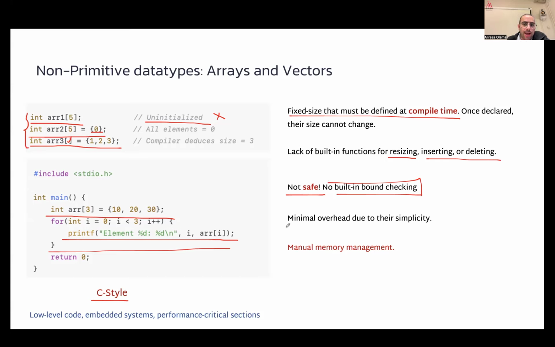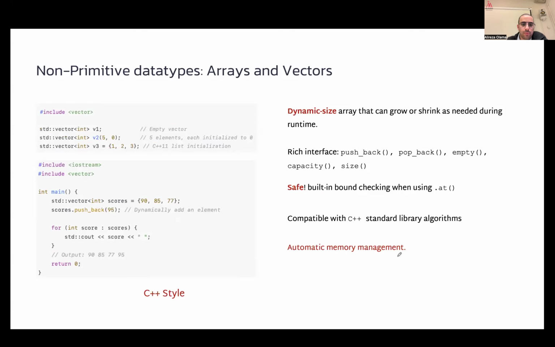Arrays are quite fast because there is minimal overhead, because they're very simple. And the most important thing about arrays is that they need manual memory management. So the programmer is responsible for managing the memory that the arrays use, okay?